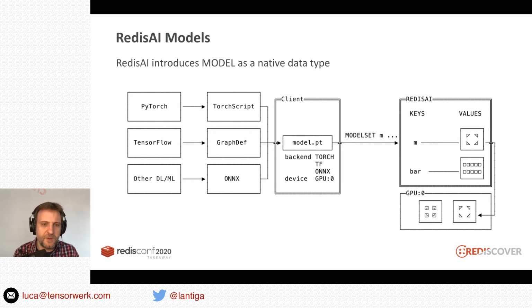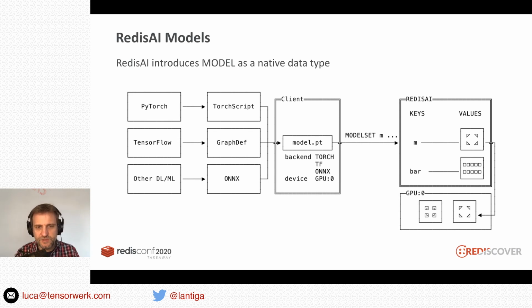A bit trickier part is to get from PyTorch code or a TensorFlow deep learning model or other deep learning frameworks and export in the right format for execution in RedisAI. These are all formats that are not specific to RedisAI. They are specific to the framework you develop the model in. But every framework has its own way to generate the serialized representation of its computation.